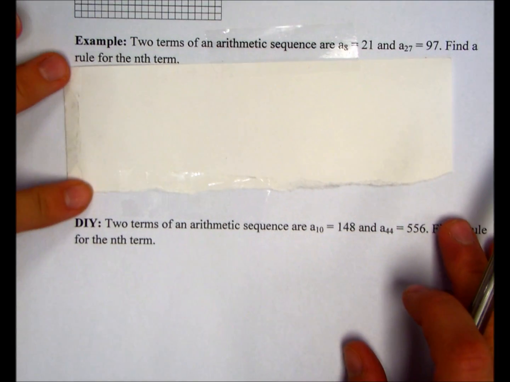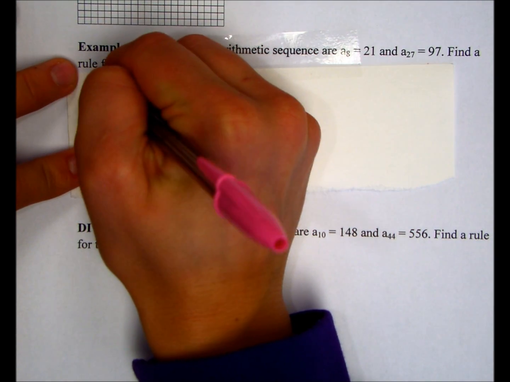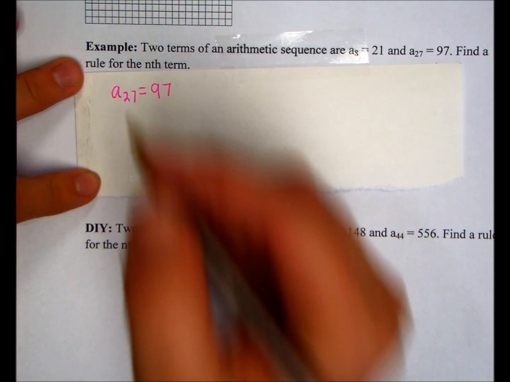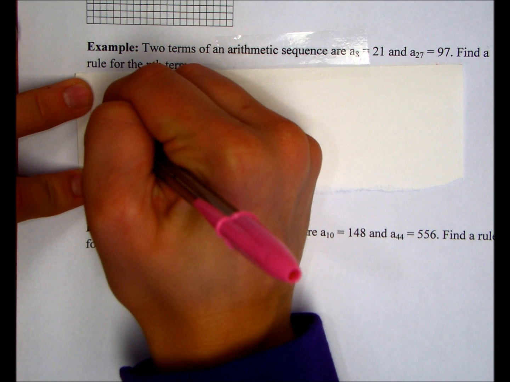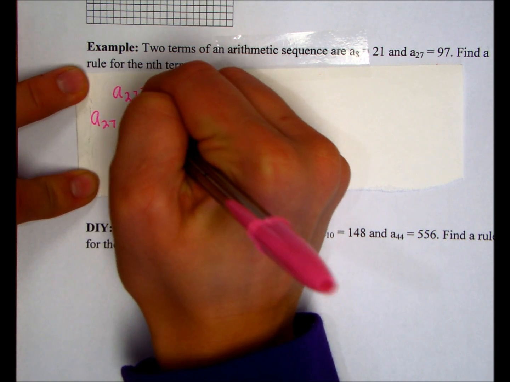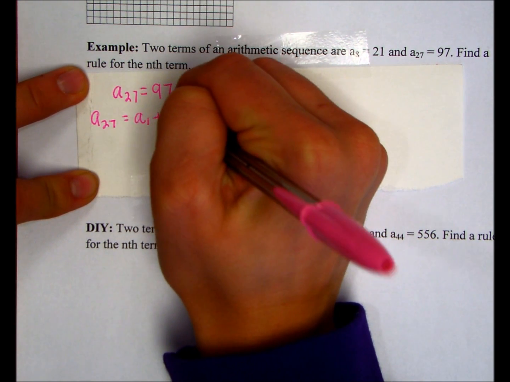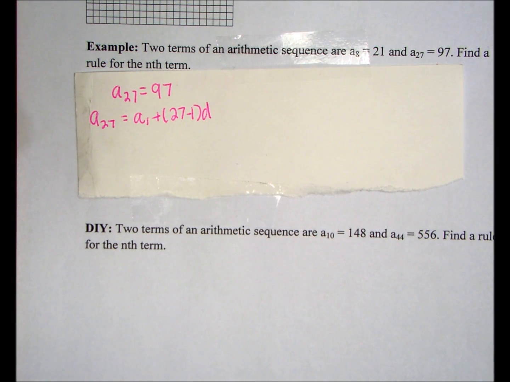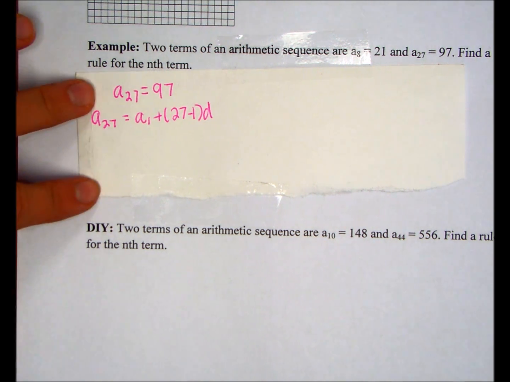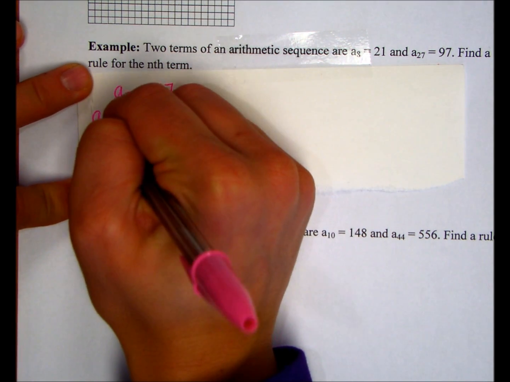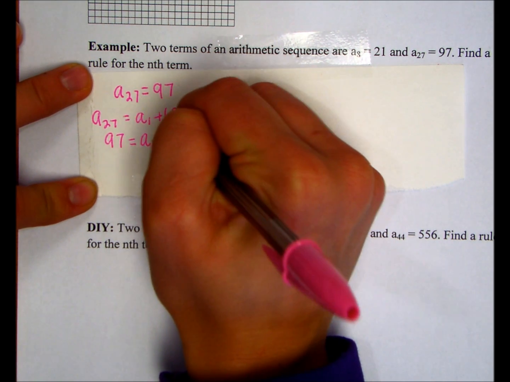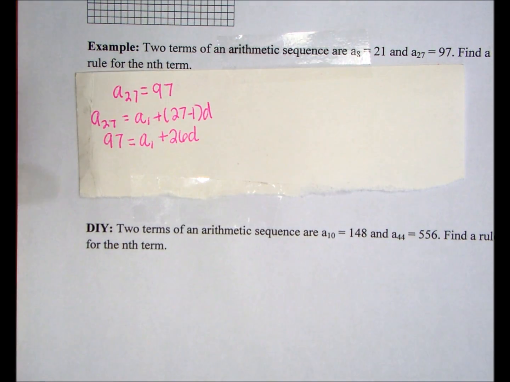So let's start. They tell me that a sub 27 is equal to 97. So I know that a sub 27 is equal to a sub 1 plus 27 minus 1 times d. That's just taking a sub 27 and plugging it into my arithmetic rule. And we know this is just 97 equals a sub 1 plus 26 times d.